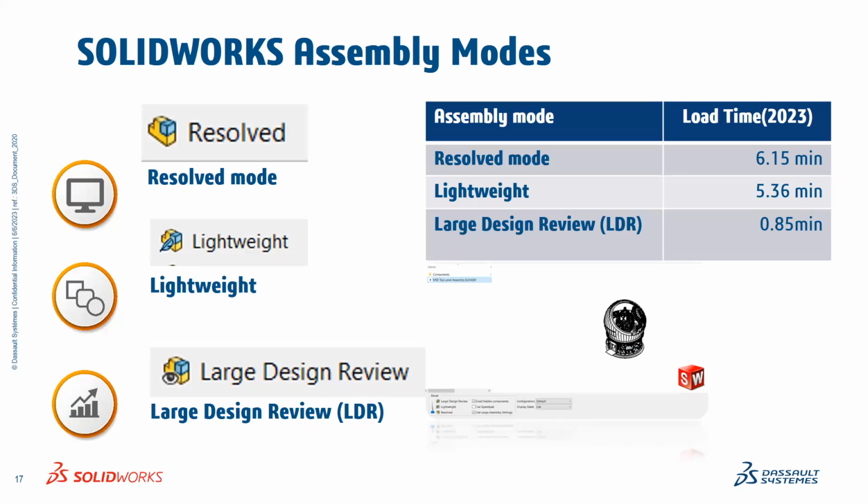Lightweight maybe has some limitation. It does not have the capability to take all the components available in resolved mode, but you may not require it. So you can take a smart decision and open the assembly in lightweight, and you can see the performance improvement. If some people want to just add small things, maybe adding a mate or doing some correction, they do not need to open the complete assembly in resolved mode. They can use large design review mode, and you will see a significant improvement.